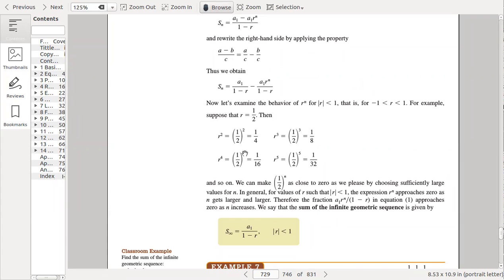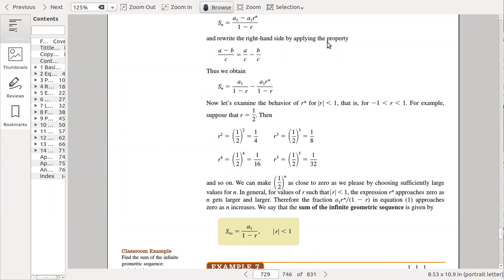Similarly, r4 is 1 by 16, which is less than r cube, r square, and r. So the coming terms are becoming less than the existing terms, and we can make 1 by 2 power n as close to 0 as we please by choosing sufficiently large values.